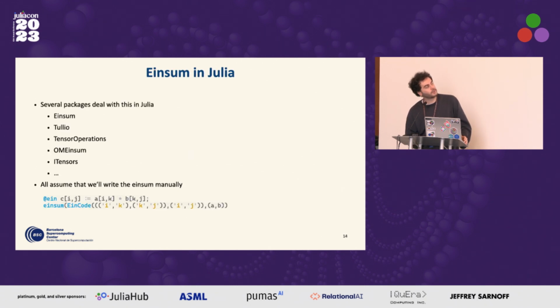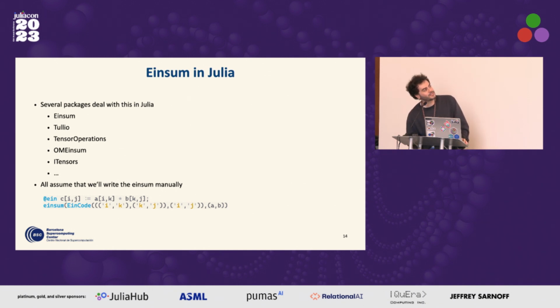And there are a lot of packages right now in the Julia ecosystem trying to deal with this problem, like Einsum, Tullio, TensorOperations, Amazon, ITensors. They are great packages, but all of them assume that users can type all this equation by themselves.